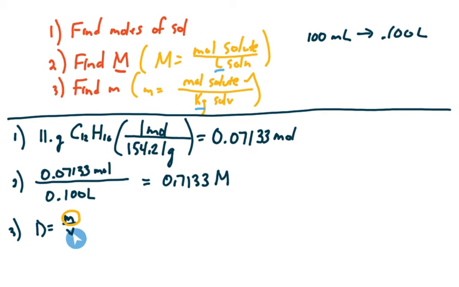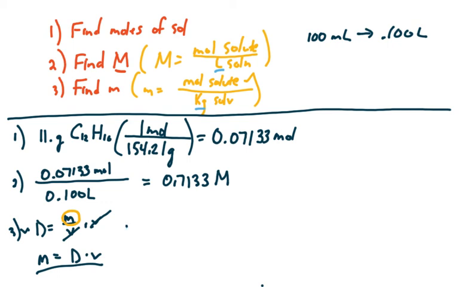So I'm going to use milliliters here, and we should be able to solve for mass. How do we solve for mass? Mass is equal to density times volume. If I rearrange this formula by multiplying both sides by V, it cancels on this side, and I get mass is equal to density times volume.